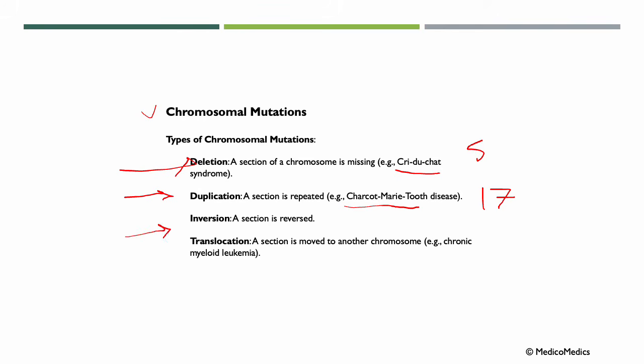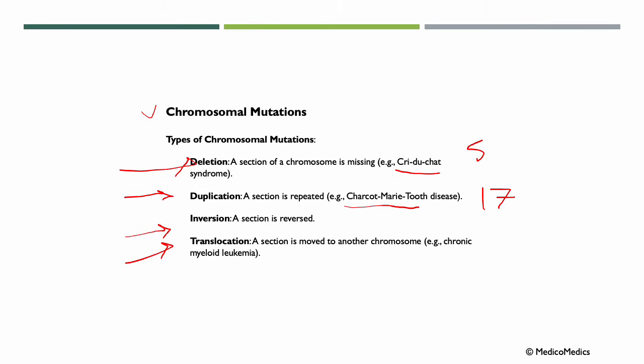We have inversion, where a chromosome segment is reversed end to end. And since no genetic material is gained or lost, inversions may not always cause noticeable effects, but can disrupt gene function in some cases. And also then we have translocation. So this is where a segment of one chromosome is transferred to another non-homologous chromosome.